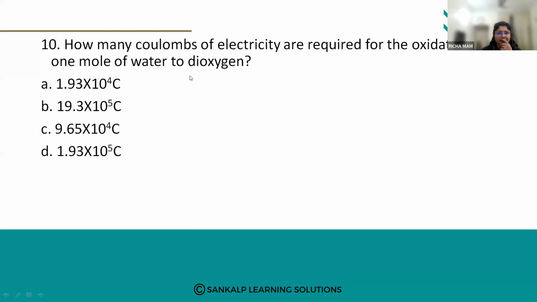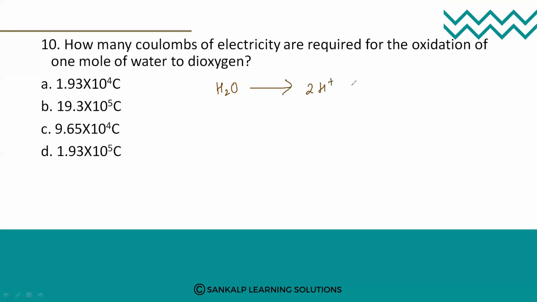For oxidation, there is a loss of electrons: water gives 2H plus, half O2 and 2 electrons.